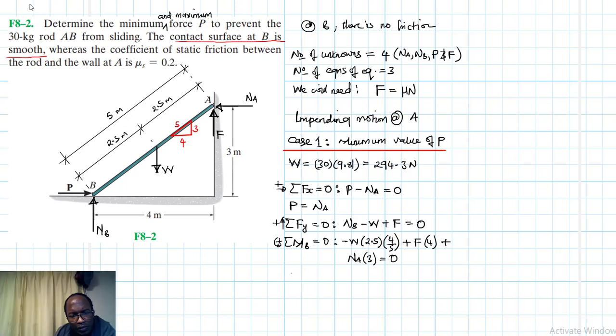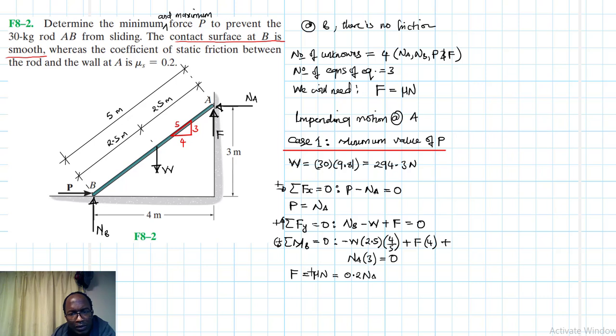Okay, we do have another equation which is the friction equation, because the unknowns are more than the available equations of equilibrium, so we are forced to invoke one friction equation at A: F equal to mu by the normal force. What is the coefficient of friction given? Been given is 0.2, so this is 0.2 by NA.